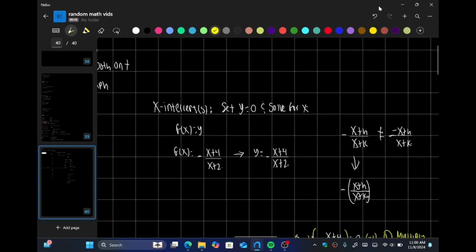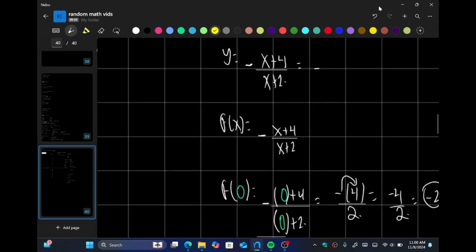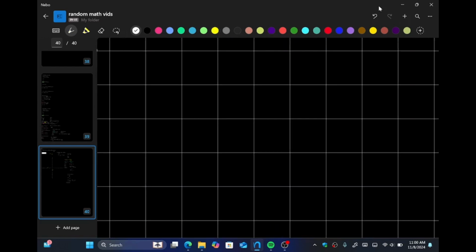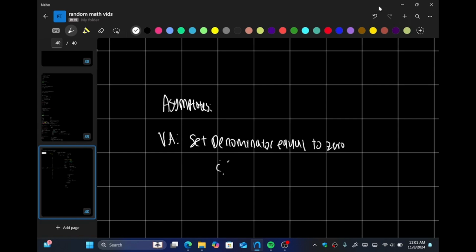Now we're going to state our asymptotes. So for the vertical asymptote, we want to set the denominator equal to 0 and solve for x.